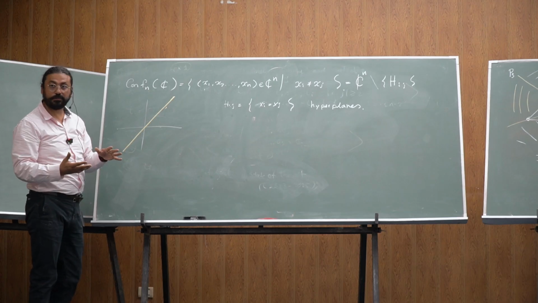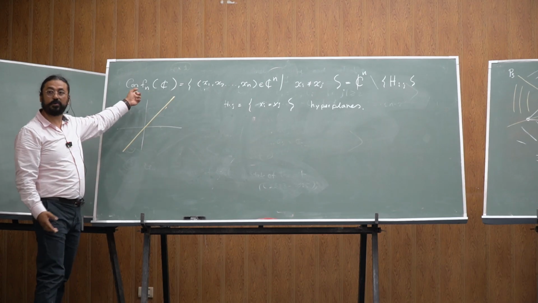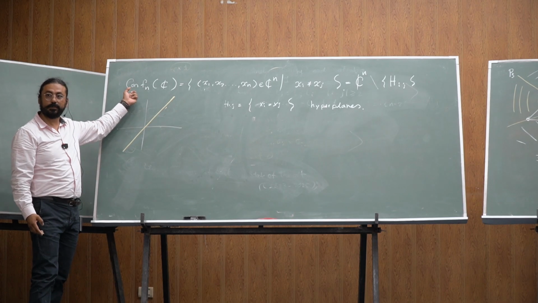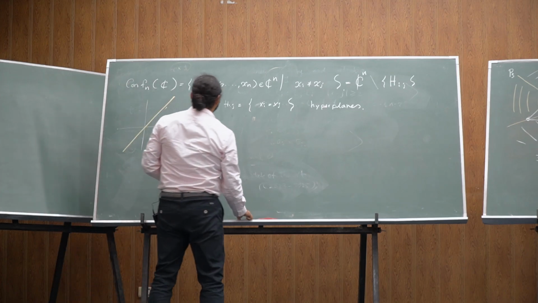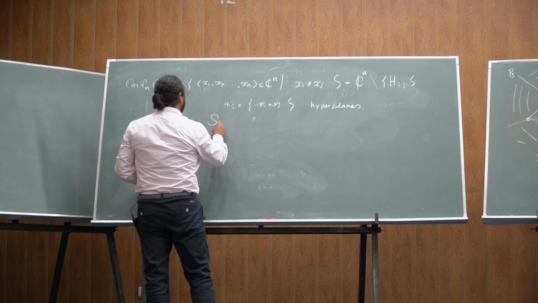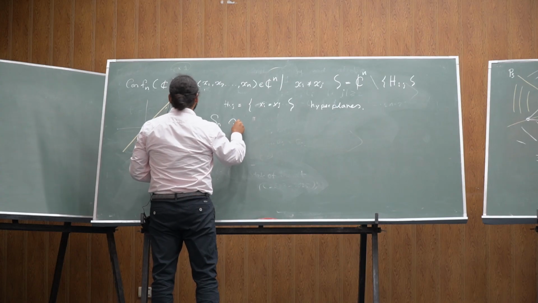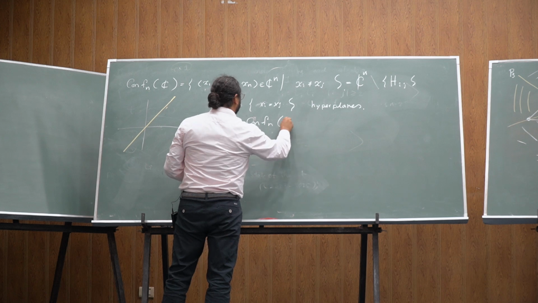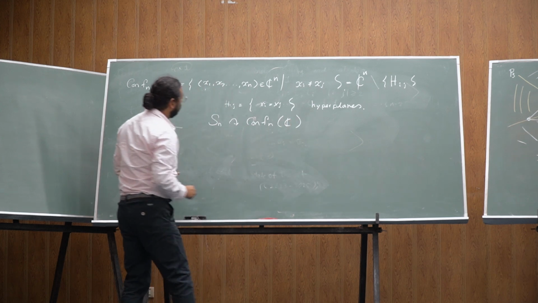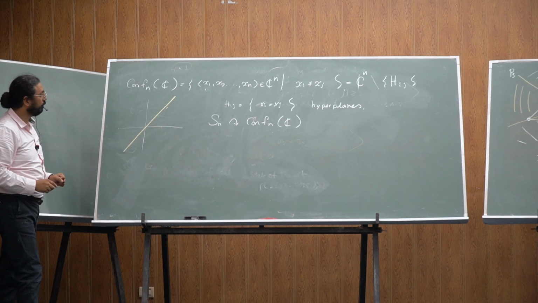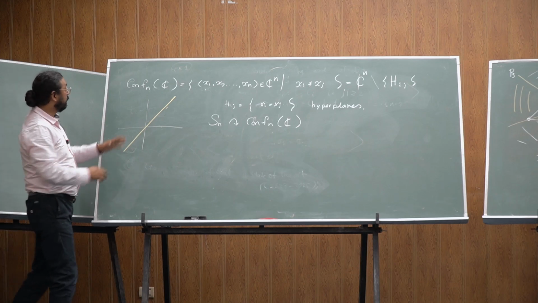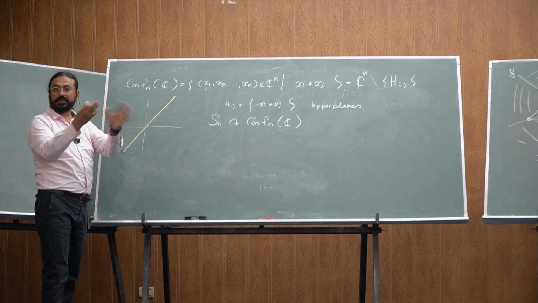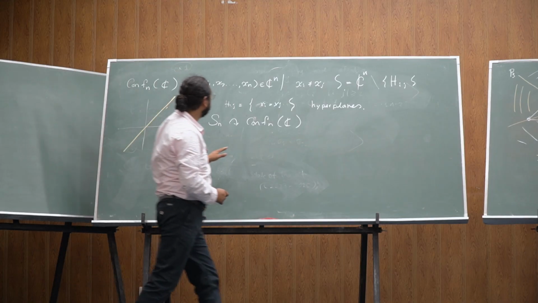And then we have an action of the symmetric group on this space, right? So the symmetric group is acting on the configuration space and it's just changing the complement, right? It is interchanging this part.